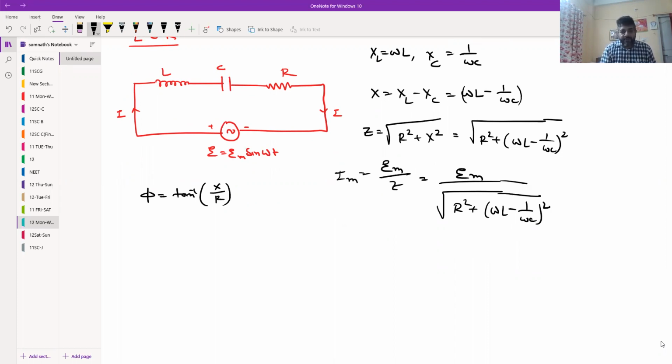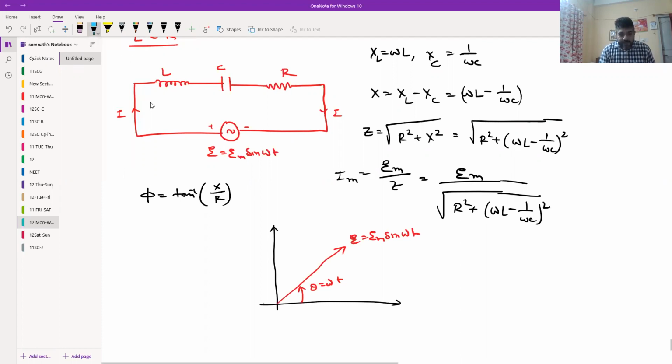Again, if we draw a phasor diagram, I think all of you remember, first I am representing by the red ink E equals EM sine omega t. This is theta, omega t. Now I am representing the current due to the inductor and capacitor by the blue ink.